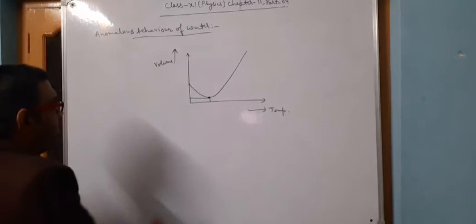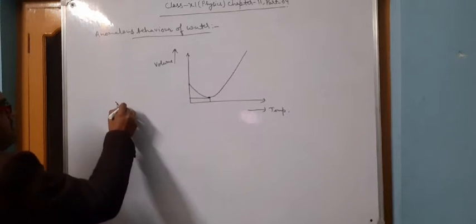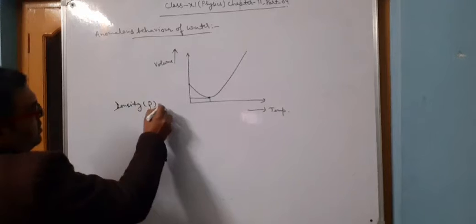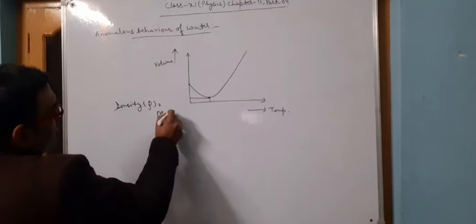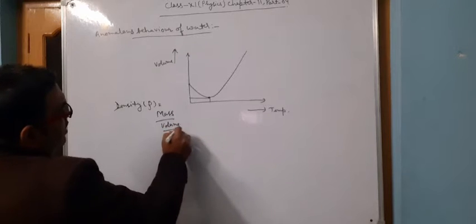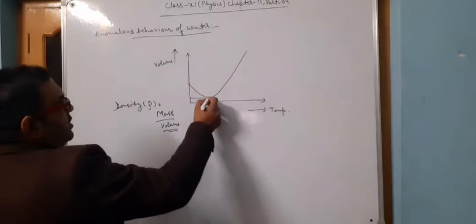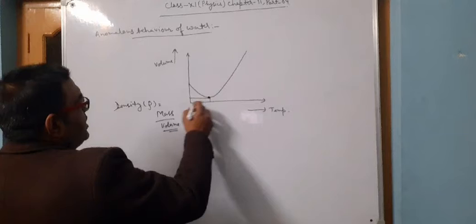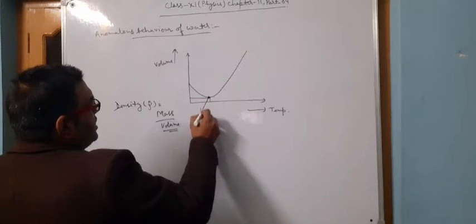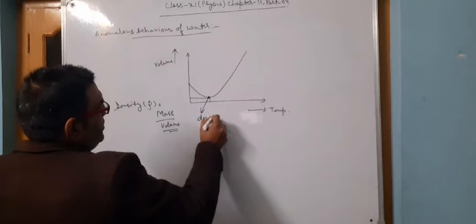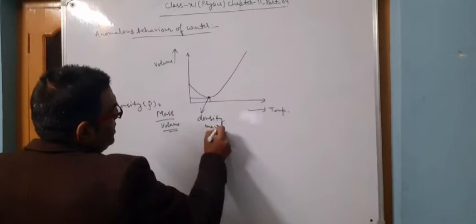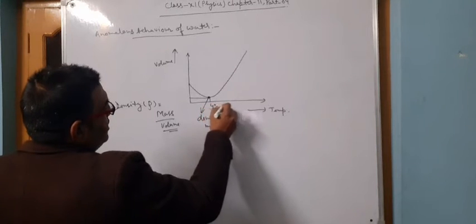You know that density rho is equal to mass upon volume. Here the volume is minimum, so the density is maximum. This is at 4 degree Celsius.